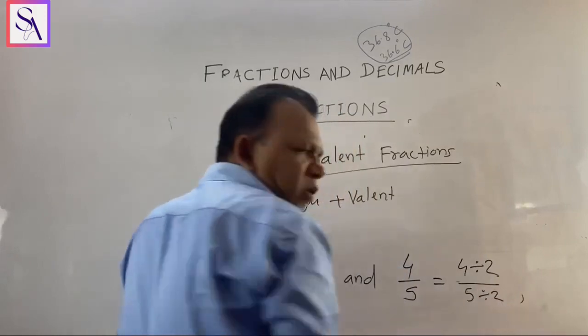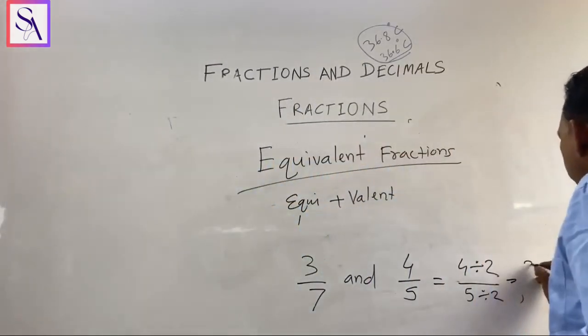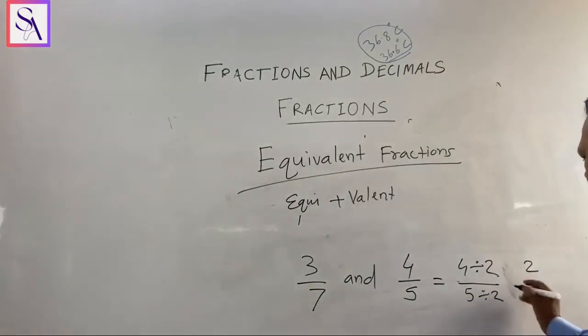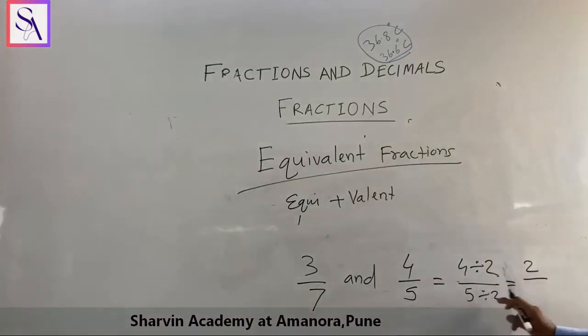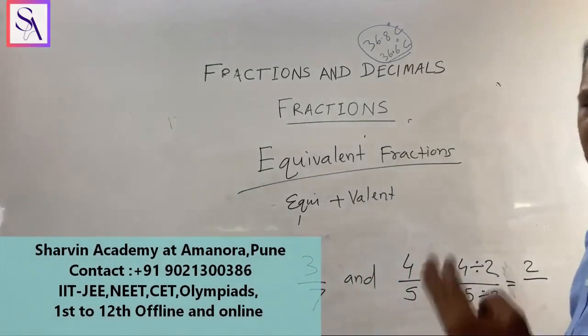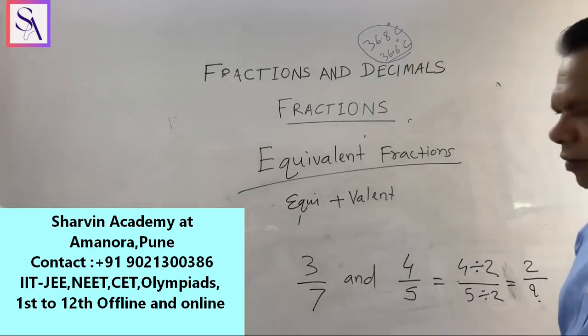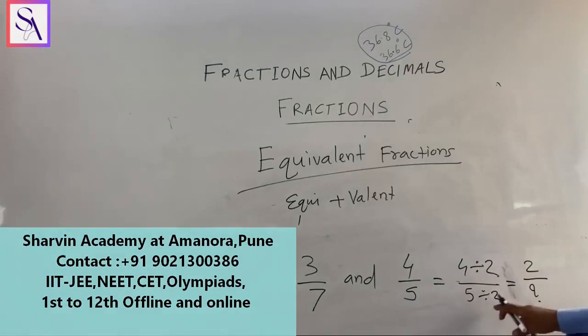Same operation you have to do. 4 by 2 is 2. 5 by 2. There is no 5 in table of 2, right? 2 ones are 2, 2 2s are 4, 2 3s are 6. There is no 5. So we cannot divide this, right?